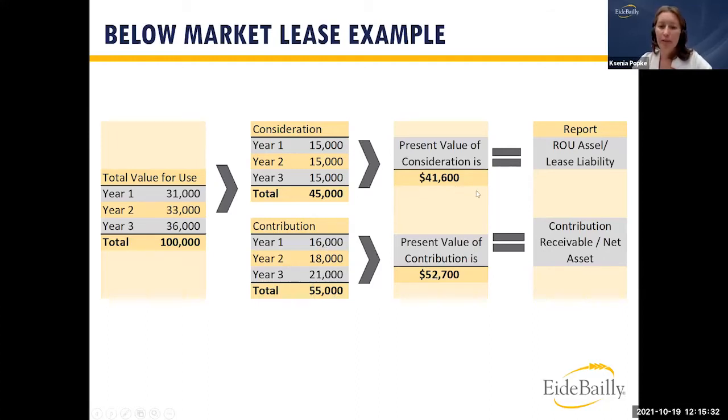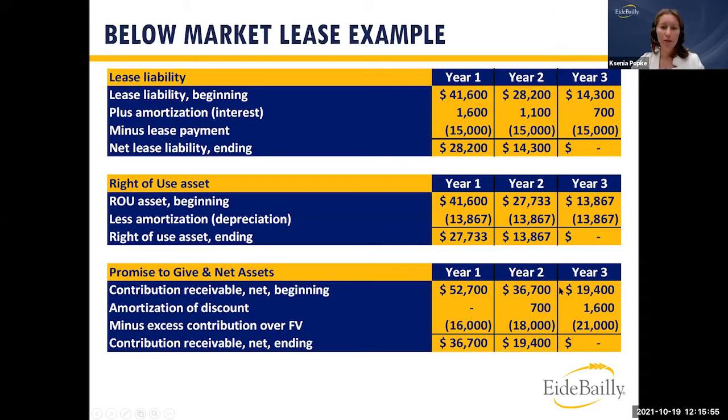Then you would calculate the present value of both the right of use asset and the lease liability, and you would calculate the present value of the contribution that would become your promise to give or contribution receivable, and would also have an impact on the net assets because of the time restriction that is embedded in this particular promise to give.